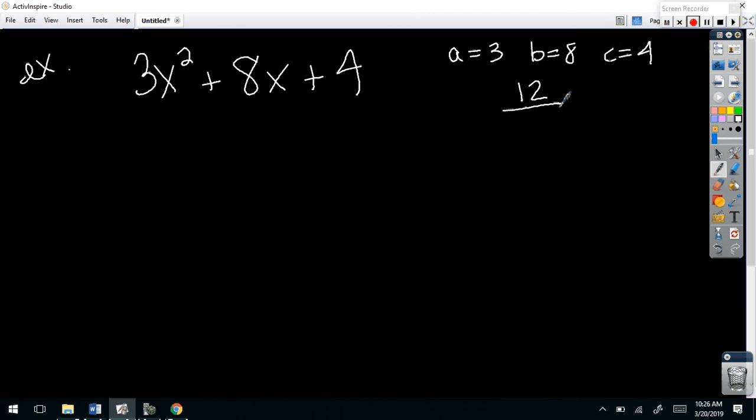So it's got to multiply to 12 and add to 8. And Zaya said 2 and 6, and that's right. But if you didn't know that, you could list all the factors and find the ones that add to 8. This one's nice because everything's nice and positive. I don't have to worry about different signs.